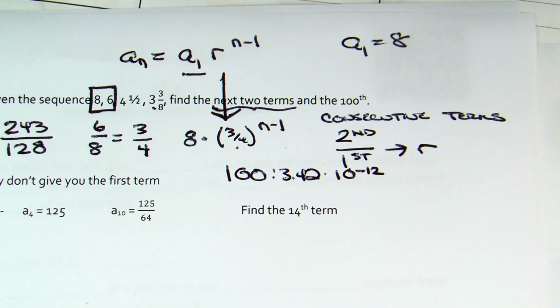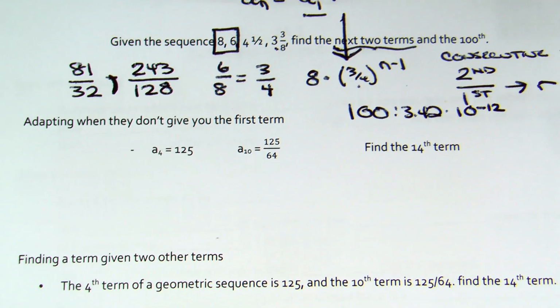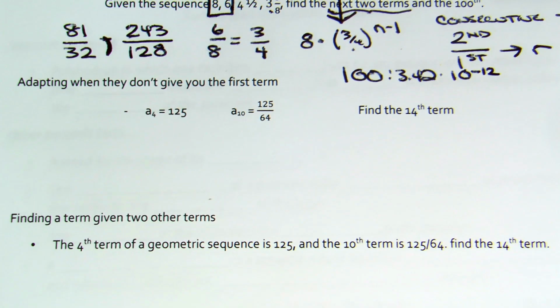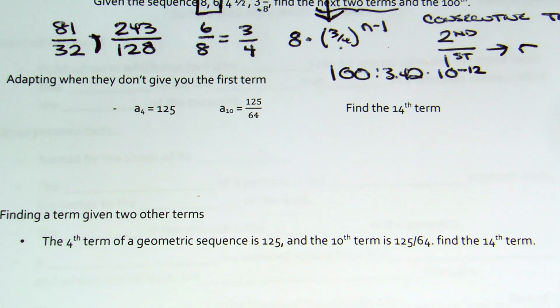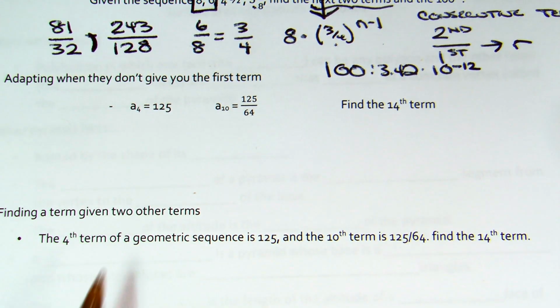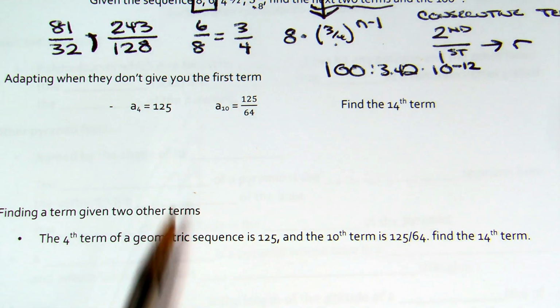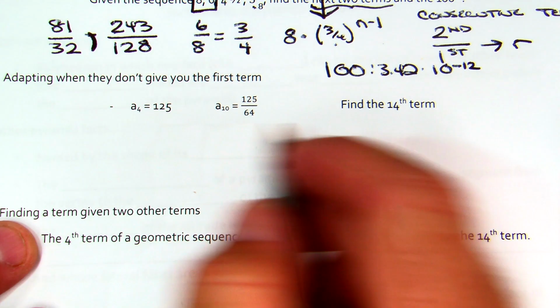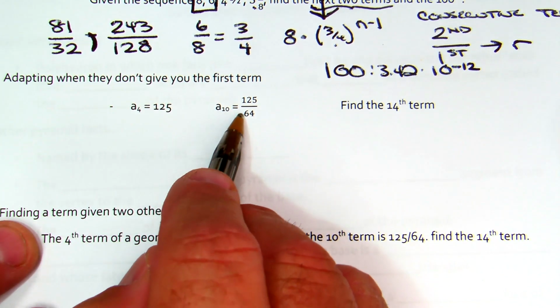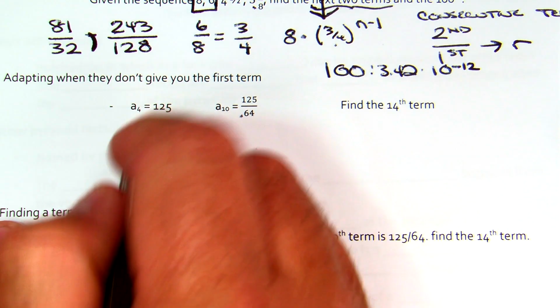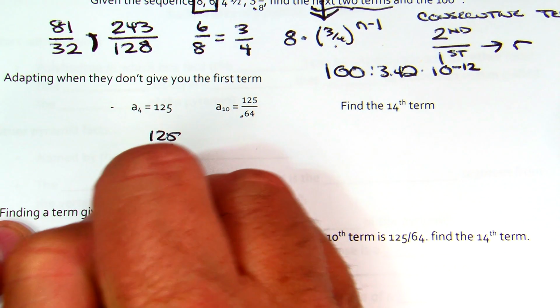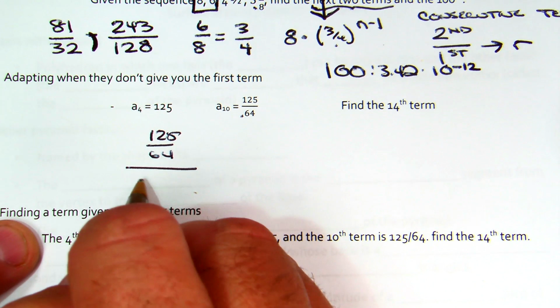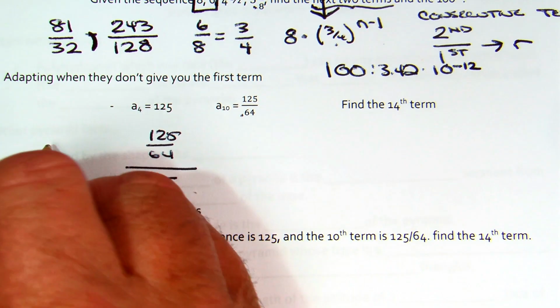Now, the next one is the trickiest of all these to do. It says the fourth term of a geometric sequence is 125, and the 10th term is 125 over 64. Find the 14th term. So these two problems are exactly the same. So here's what we're going to do. First off, we are going to take the later term, which is 125 over 64, and put it over the earlier term, which is 125.